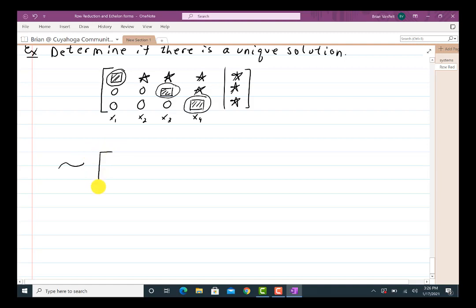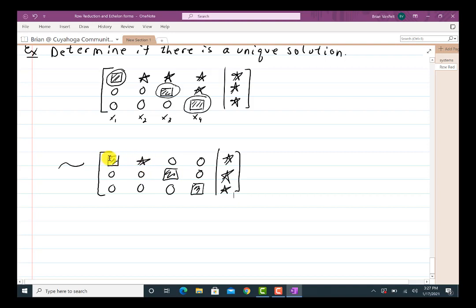Let me see, I have 3 rows. I'll only put zeros where I know that they are actually going to be. So let's see here. X4 I would have an answer for. X3 I would have an answer for. But what about X2? I do not.